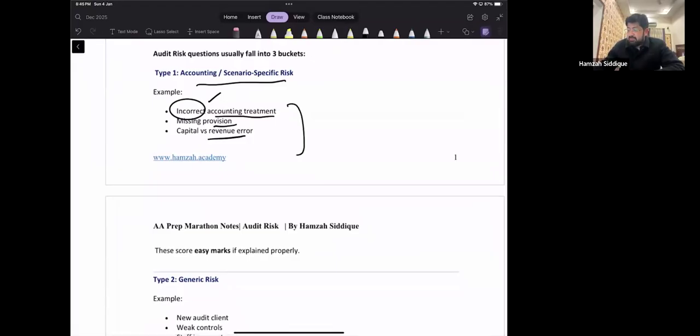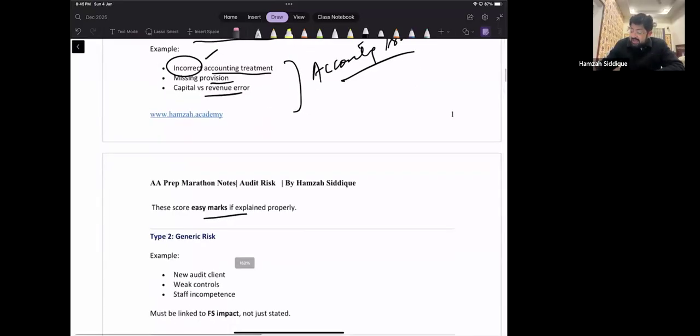Development cost, research cost, or inventory valuation may be discussed, which may be misstated or not recorded as per IFRS. These are very easy marks if you know how to explain them.